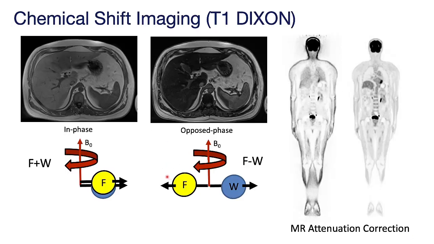Another measurement that is of interest to nuclear medicine people is chemical shift imaging with MRI, because this is the basis of attenuation correction for PET MRI. Here we have an uncorrected image, and this is the corrected image after MR attenuation. Now you may wonder, how could an imaging method that measures water tell us about attenuation of photons?